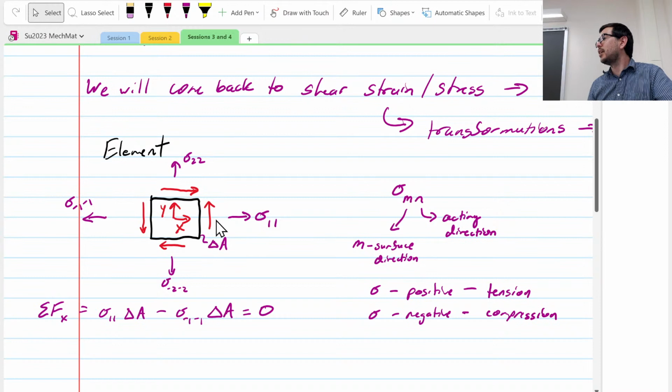Sigma 1, 2. Okay, right. And why is that? It's on the one surface, but it's acting in the two directions. Correct. Okay. So we don't use sigma typically, but some conventions would.